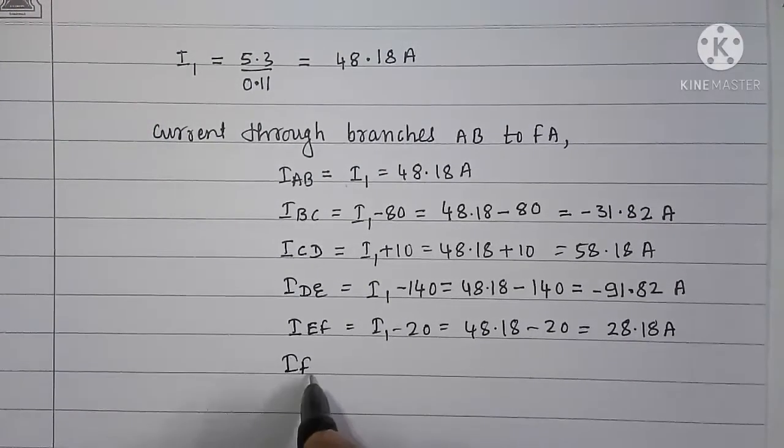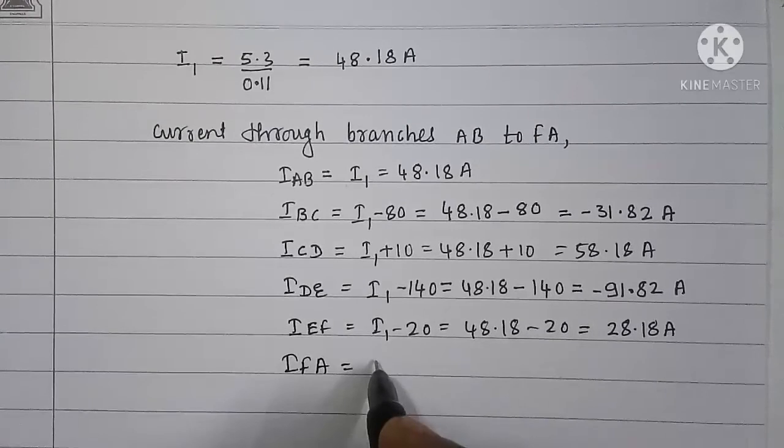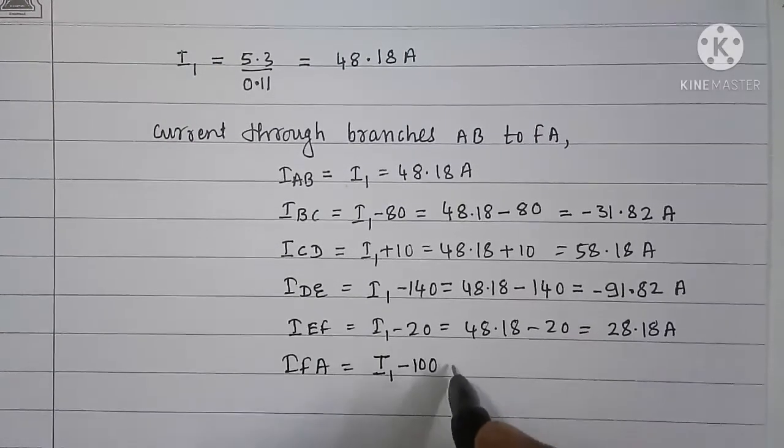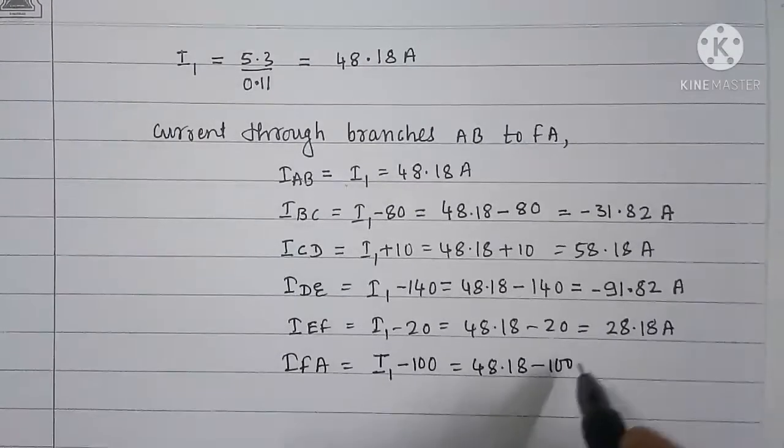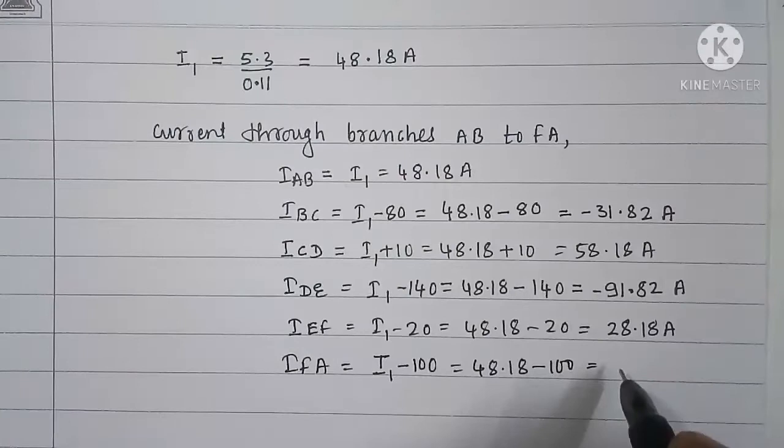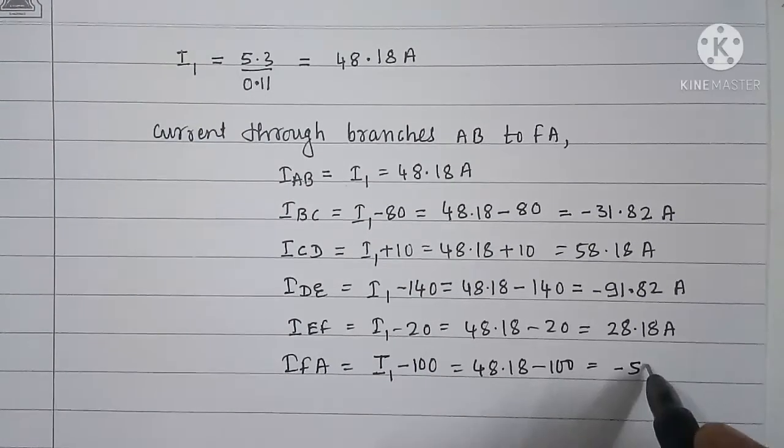IFA equal to I1 minus 100, that is 48.18 minus 100 equal to 51.82 with minus sign.